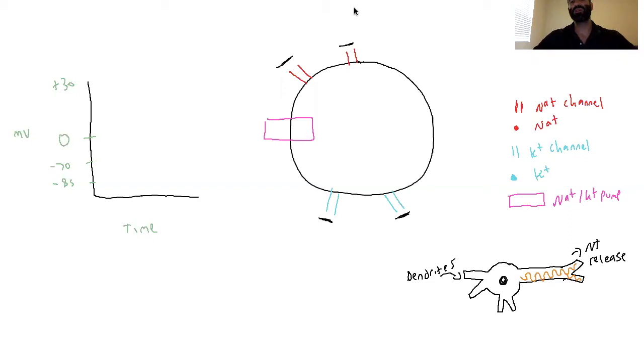Normally, the cell membrane is negatively charged compared to the outside environment. The reason the cell is negatively charged is because there's lots of stuff inside the cell that has a negative charge.